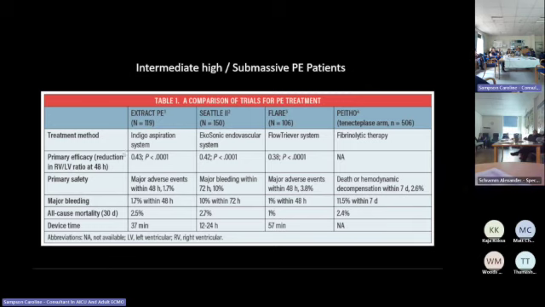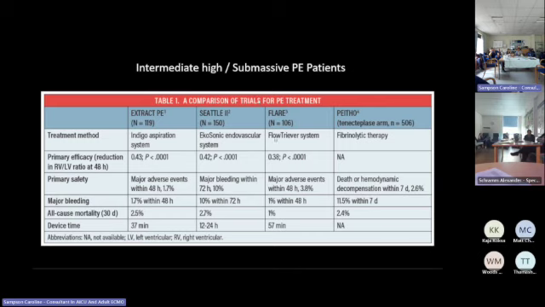So this is quite a busy slide, but what it really entails is all the different trials up to this point. As you can see, the numbers are quite small, but it's looking at the three different devices as well as standard fibrinolytic therapy for PE, and the FlowTriever system is the one we have here at Glenfield.